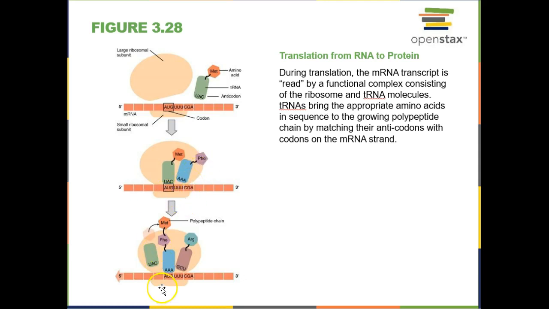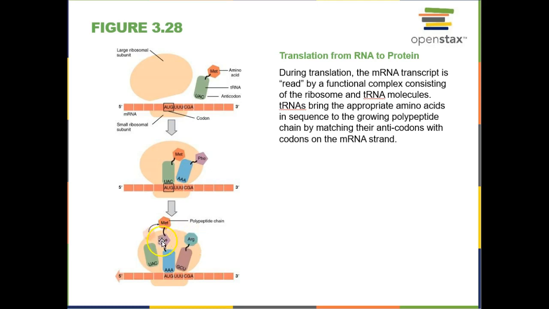So you'll notice now you're moving along. The AUG was there. Now the AUG is a little bit further. Oh, they did it wrong. This should be moving back, and this AUG should be right there, and that AAA should still be stuck to that. So the ribosome is going to move in this direction, and then the growing polypeptide strand keeps getting added to the new arrival amino acid.